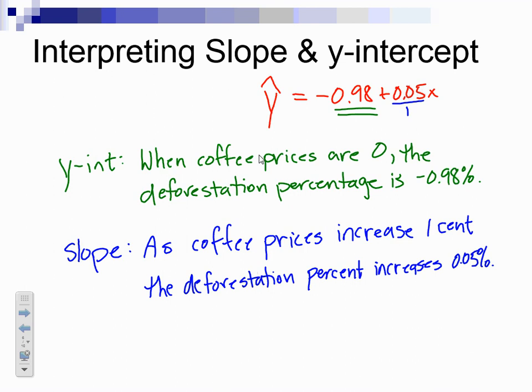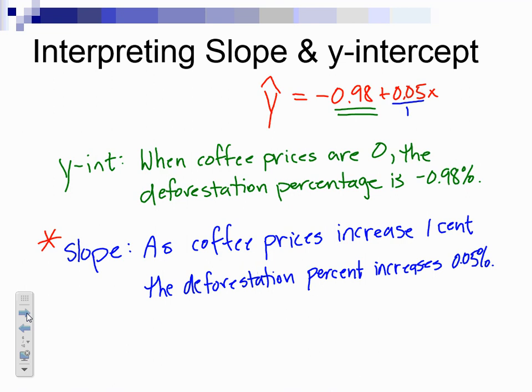Our interpretation of the slope and y-intercept is telling other people what these numbers mean in the context of this problem. And the slope is the really important number. The slope is what ultimately describes the relationship between our explanatory and response variable, and that's the whole point of a least squares regression line. The y-intercept is important as well, but the slope is the more important value. So hopefully you find that pretty easy, how to interpret the slope and y-intercept. But again, that's an extremely important concept that we want to be able to do.